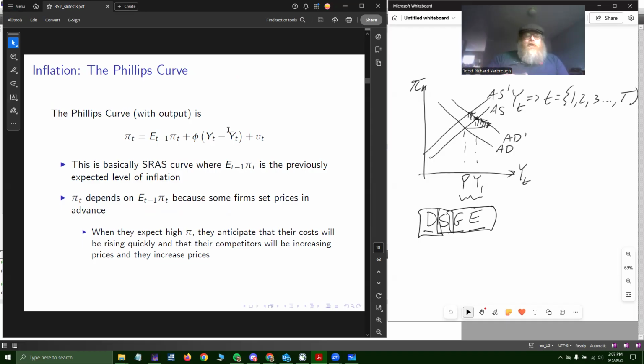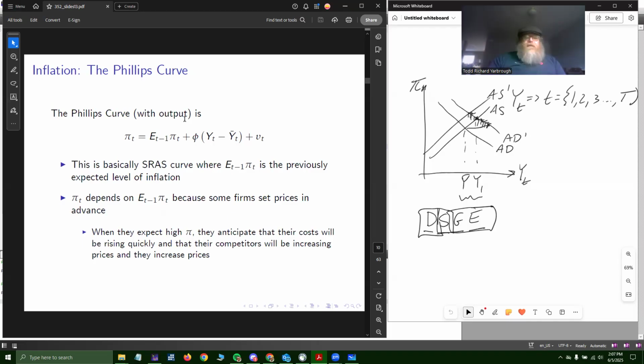Now we model the Phillips curve here as we have before, except the difference here is we're going to think about it in terms of the output gap as opposed to the unemployment gap. We're able to do this due to Okun's law. So if you recall, Okun's law says that we get this negative relationship between output and unemployment.